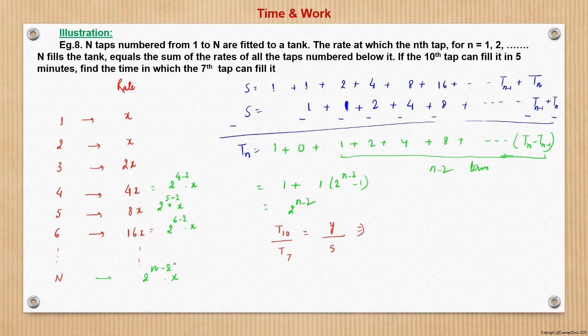Now t10 we can write as 2 raised to power 8 upon t7 we can write as 2 raised to power 5x. This is equal to y by 5. So y is equal to 5 into 8. x will get cancelled, so this is 40 minutes. This is the answer to this question.